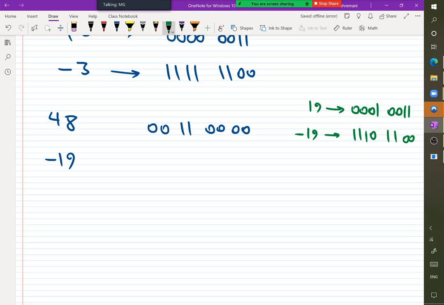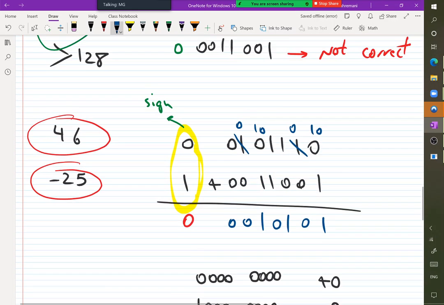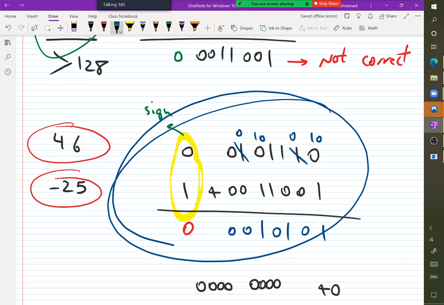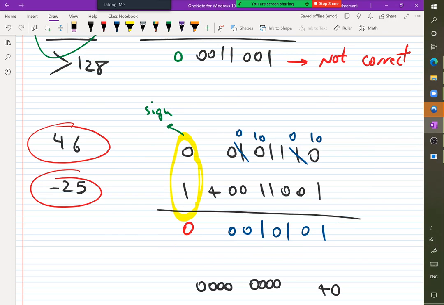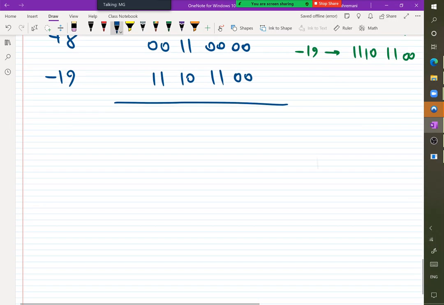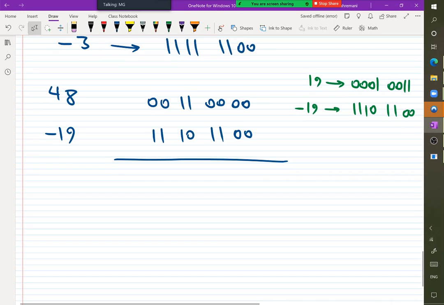And all we need to do for this subtraction is just add these two numbers. We don't have to subtract like what we did in sign magnitude. The only thing we need to do is add these two numbers.